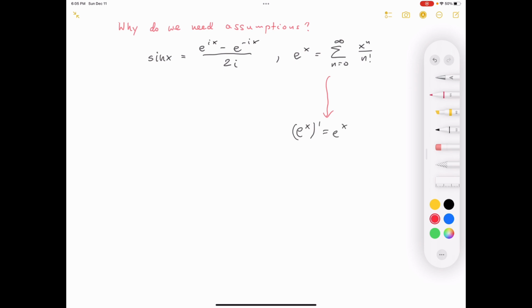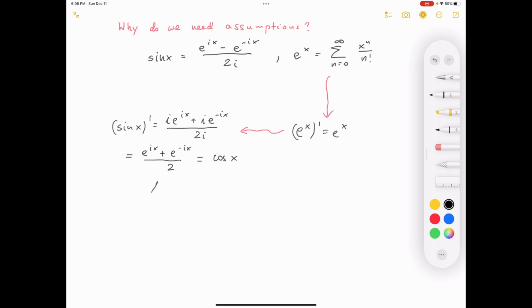And now using this fact, one can compute the derivative of sine x using the chain rule and see that the derivative of sine x is i e to the ix plus i e to the minus ix divided by 2i, which just gives you e to the ix plus e to the minus ix over 2, which is the definition of cosine x in analysis.